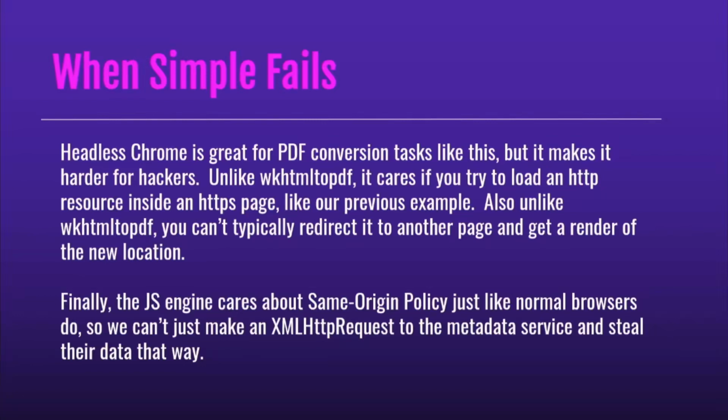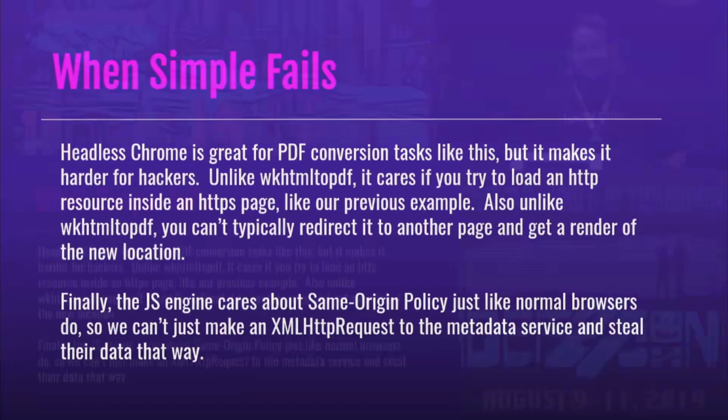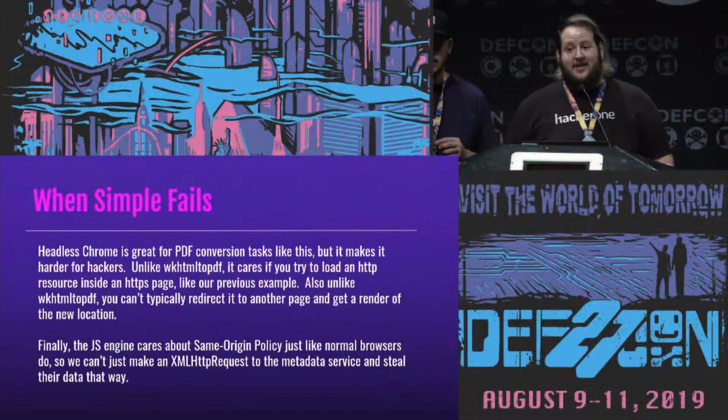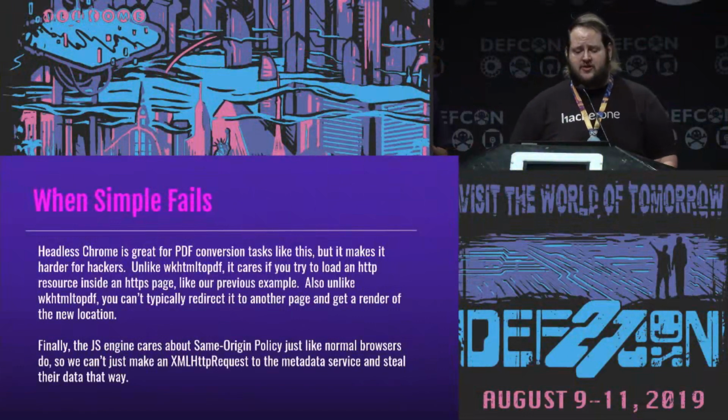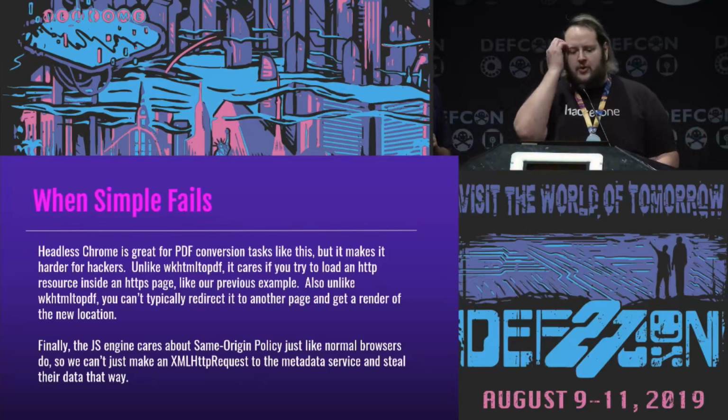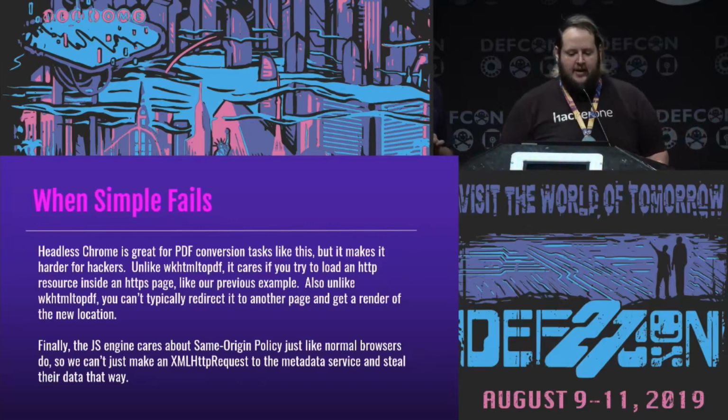It's the same reason that Facebook can't go talk to your bank website without special communication and CORS. So same origin policy really shoots a lot of this in the foot. You're unable to connect to the services that you care about, whether that's the metadata service or some other internal service. So we need to find interesting ways to get around that.